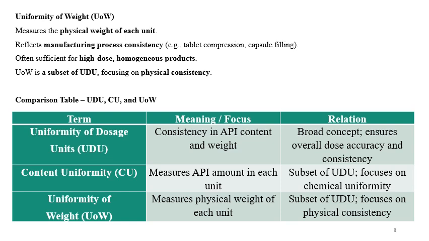Many times I have observed during my experience that weight variation is well within the limit, but the CU is still failing because there are chances of segregation. The weight is maintained by the tablet press or tablet compression machine, but the API gets segregated.